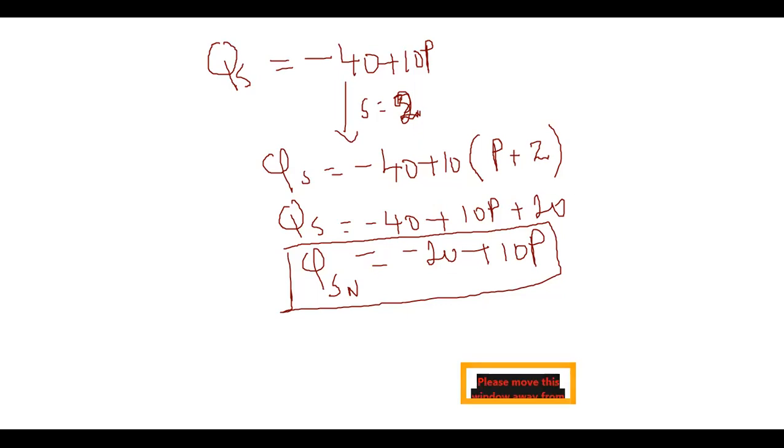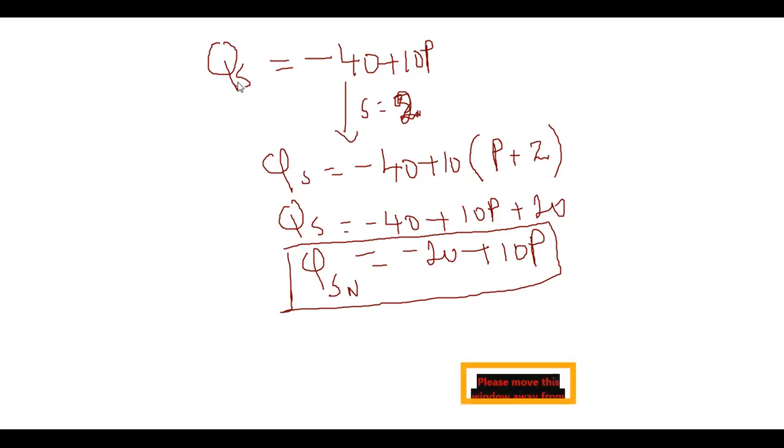Once you have got the new supply equation, you have to obtain the new equilibrium price and quantity. For this purpose, you equate the new supply equation with the existing demand equation.